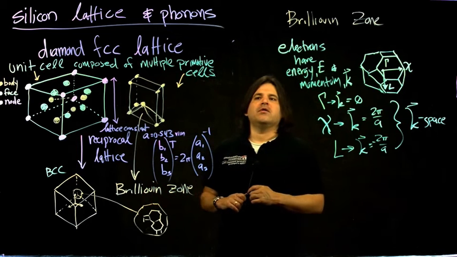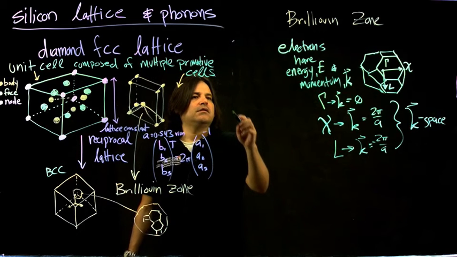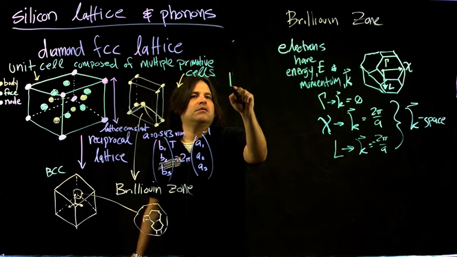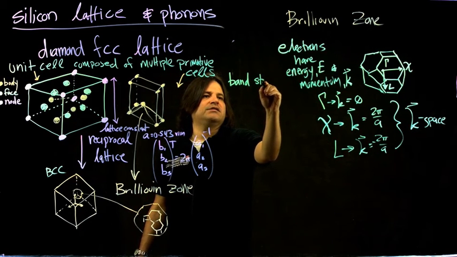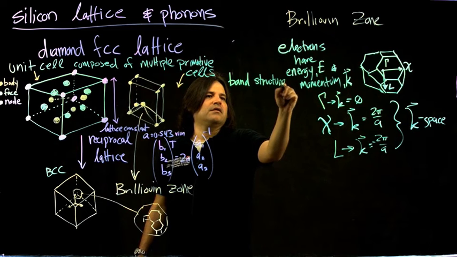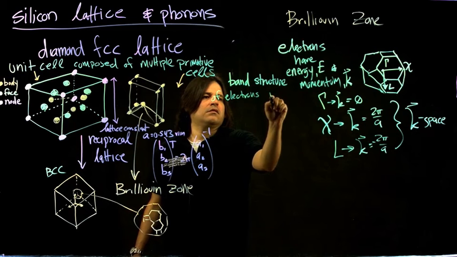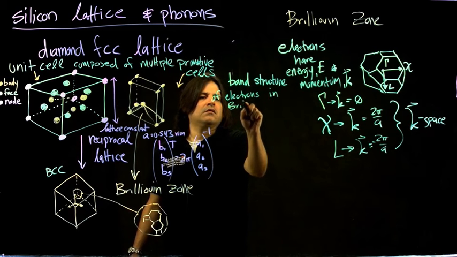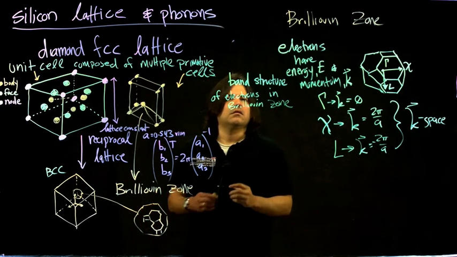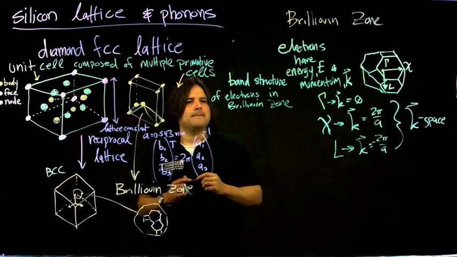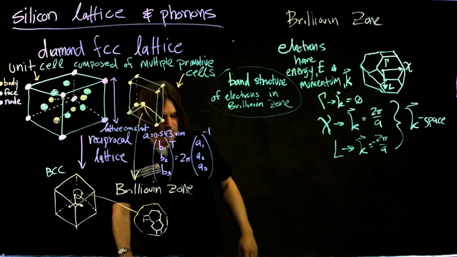We can draw the band structure of electrons in the Brillouin zone. What do I mean by band structure? I mean valence band versus conduction band. How does that look?